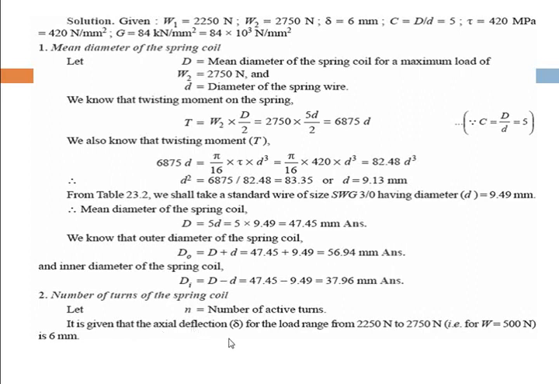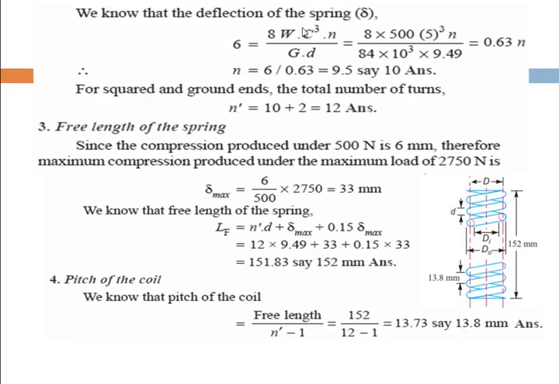It is given that the axial deflection is for the load range from 2250 newtons to 2750 newtons, which is 500 newtons load. So we are taking W as 500 newtons. In this case, 500 into 5 cube into n. By using this, we get the n value as 10.